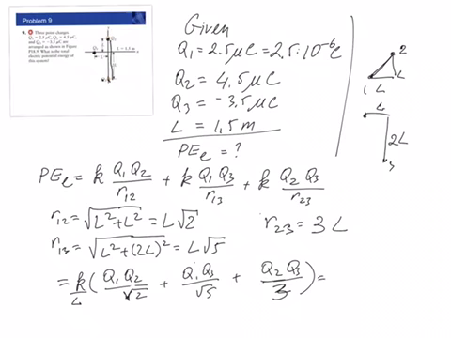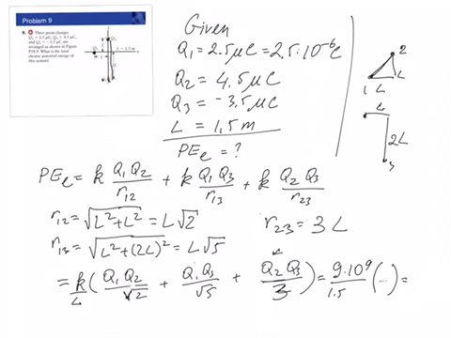Now we can plug in numbers. 9, 10 to the 9. L is 1.5. And please do it by yourself. Be careful with the sign. Plug in here values for Q's. And after you calculate it all, what will we get?